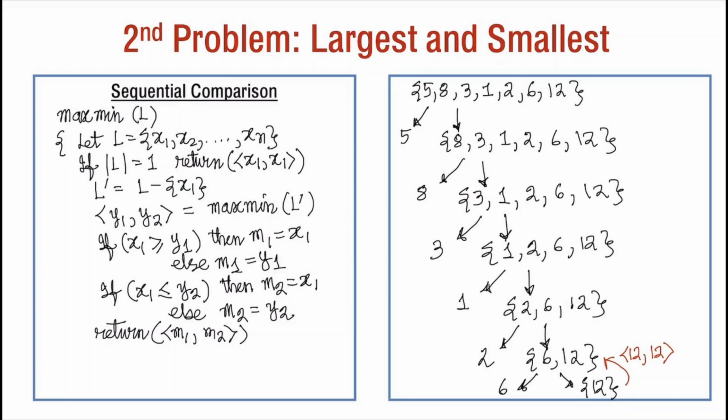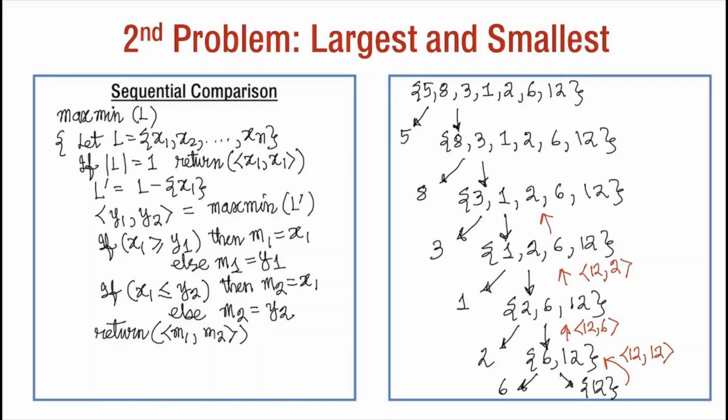Again 6 is compared with 12 and m2 is 6. Because here in the first case 6 is not greater than 12, therefore m1 is 12. But here 6 is less than or equal to 12. So this returns 12, 6. Then again 2 is compared with 12 and 2 is compared with 6. And this returns 12, 2.